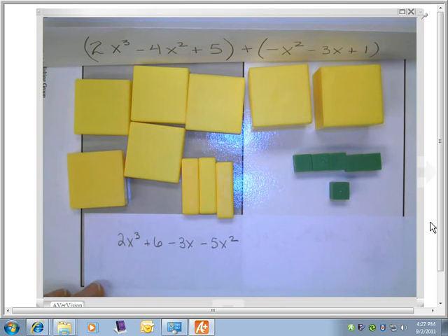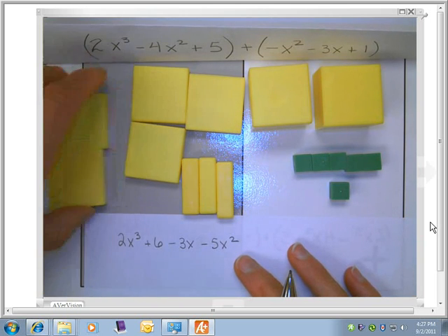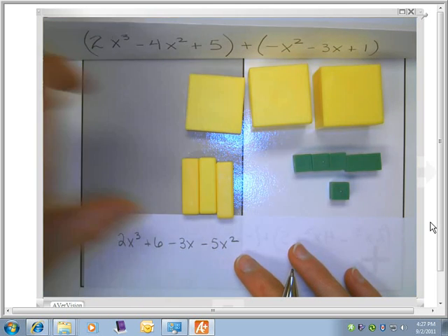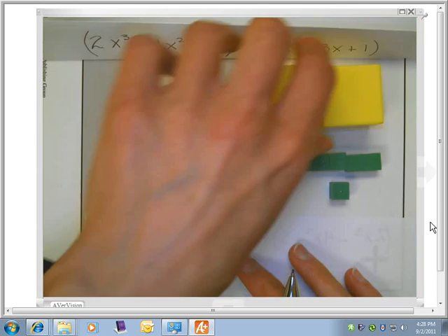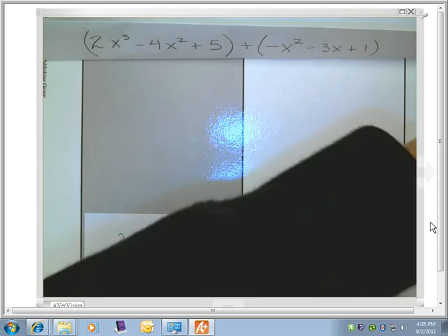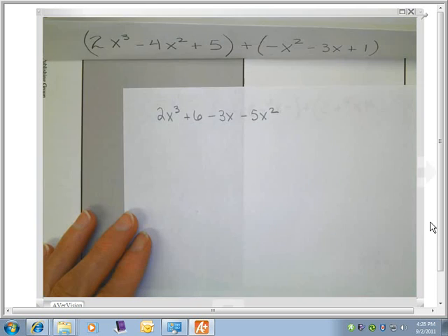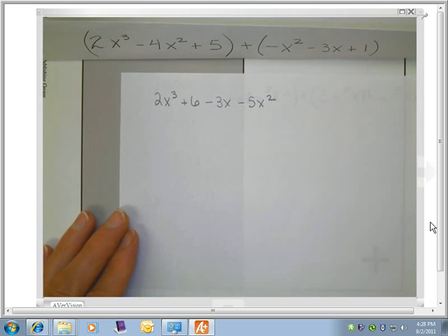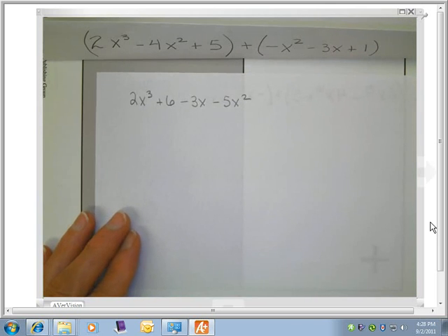However, I have to do a couple things before I can declare this my answer. I'm going to move the manipulatives aside. I have to put this in standard form. And standard form tells me that I have to put the highest degree exponent first, and then the next highest, and then the next highest, and then the last.